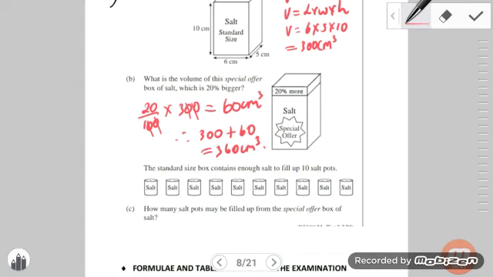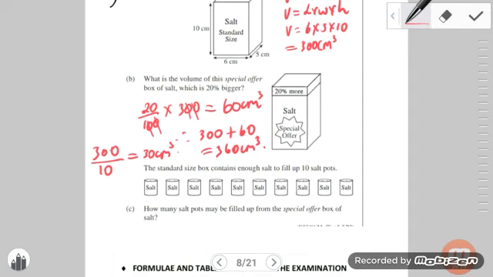So we're saying that the 300 centimeter cube of salt that we initially had in the standard size box can fill all 10 of these. Okay? So that would simply tell me that maybe the 300 divided by the 10, it would literally mean that each of these salt pots here can hold a maximum of 30 cubic centimeters of salt. That's what it's telling me.